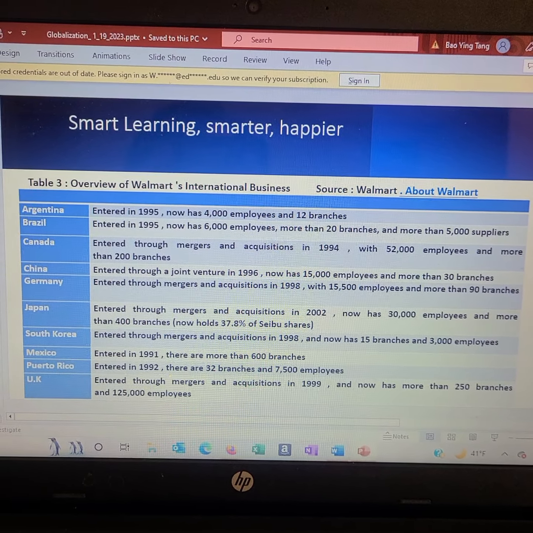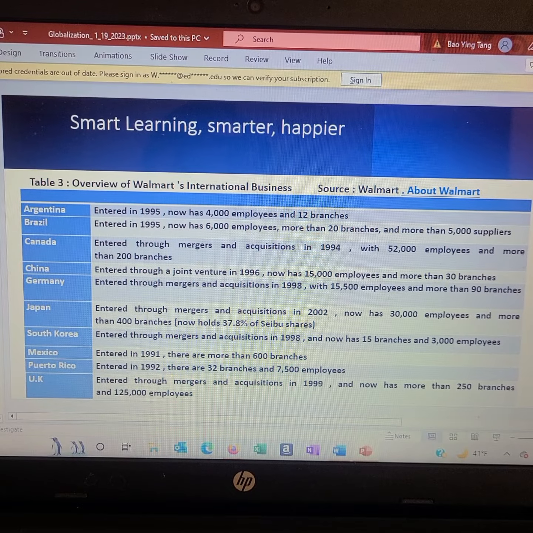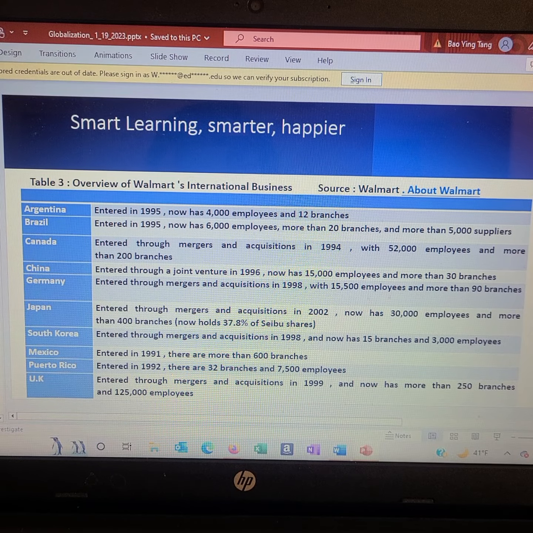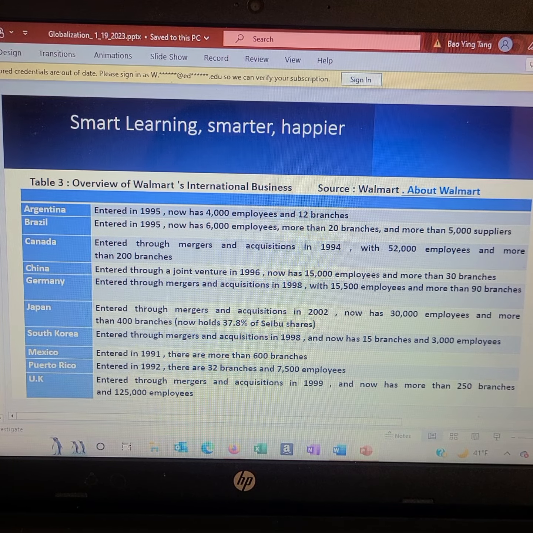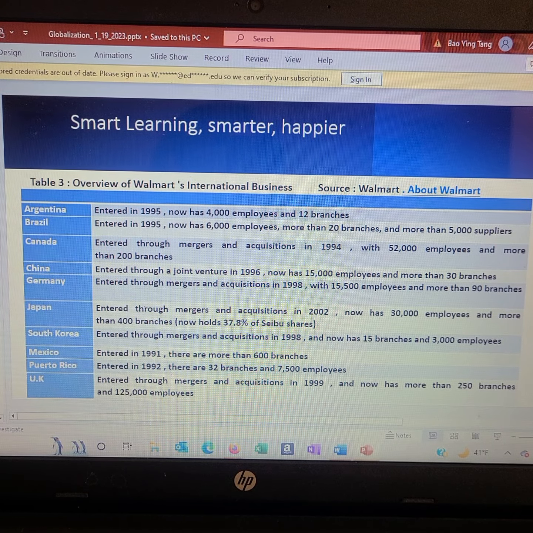So here is an overview of Walmart's international business. It entered the country of Argentina in 1995 and now has 4,000 employees and 12 branches. In 1995, it also entered Brazil and now has 6,000 employees and more than 20 branches and more than 5,000 suppliers.